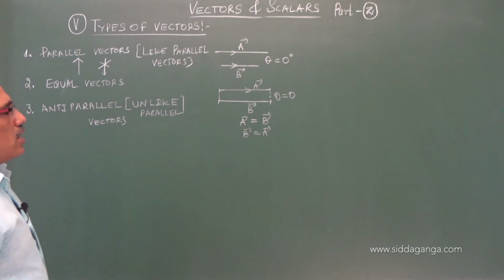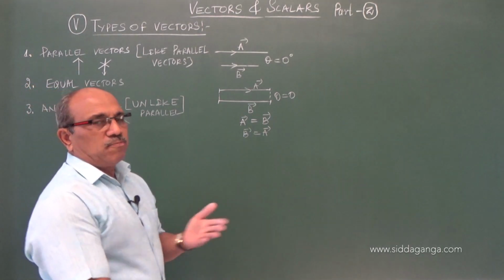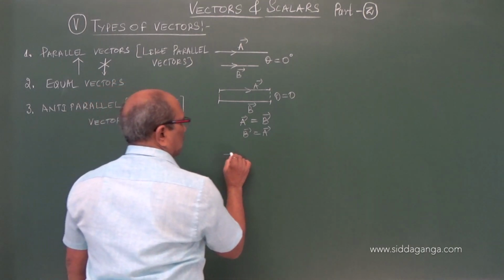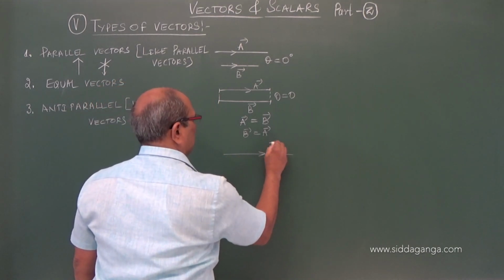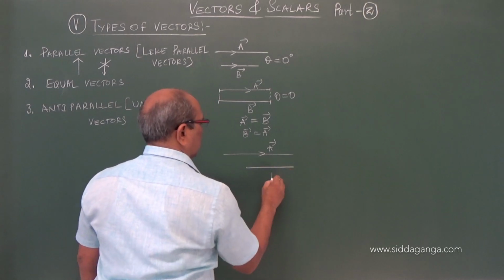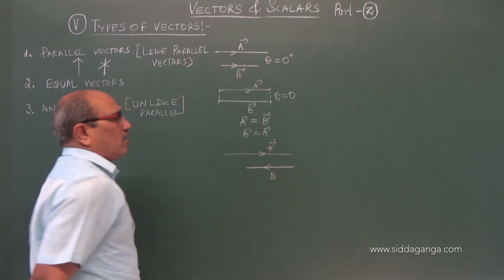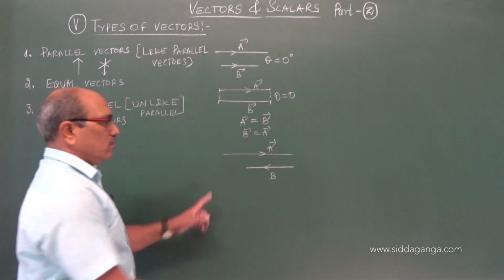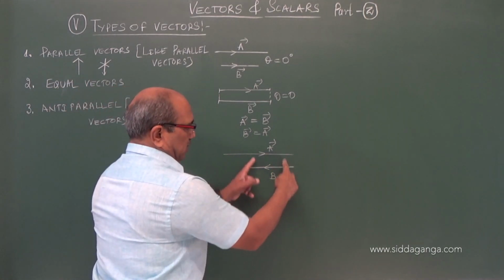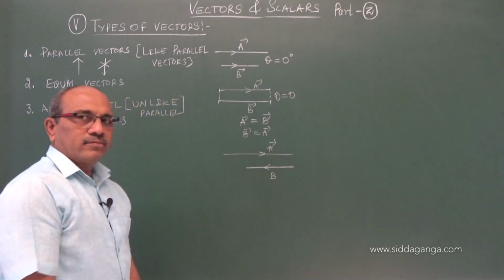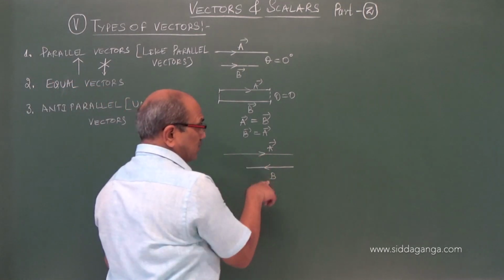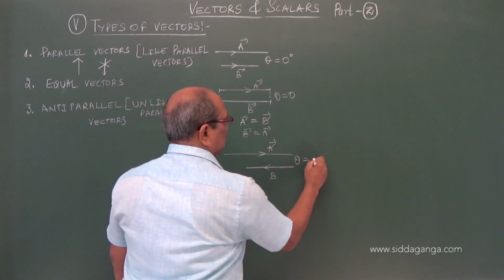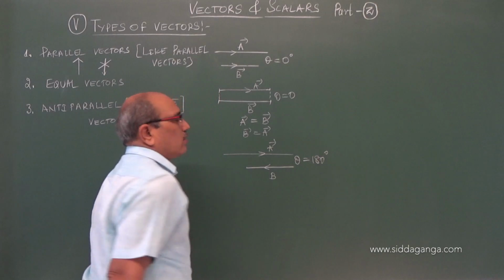In this case, I show you this is the vector A and another vector B which is acting in the opposite direction. You see the lines of action are parallel, but the direction is opposite. Theta is 180 degrees.